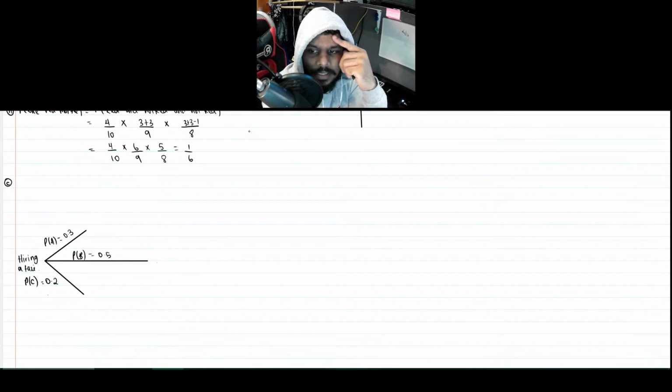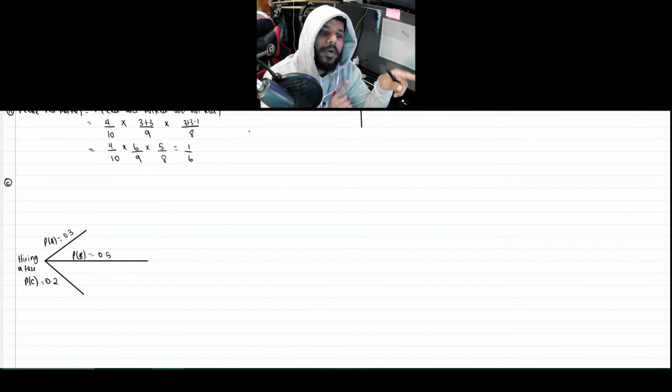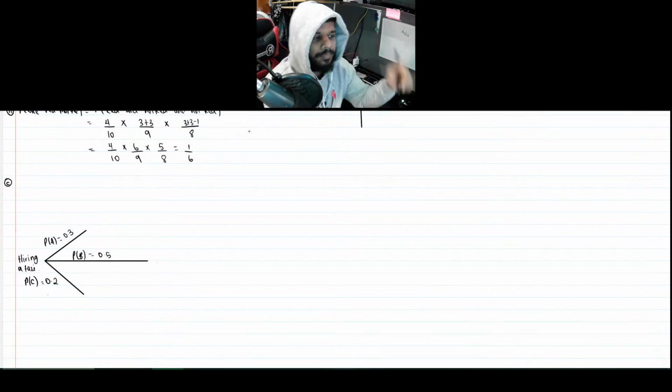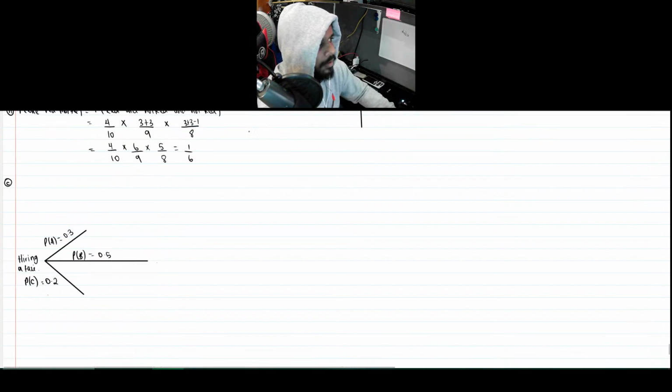The probability that a taxi ordered will be late from A is 0.07. So when I order a taxi from A, it's either late or not late. So again, I'll branch off in a different color to avoid any confusion.